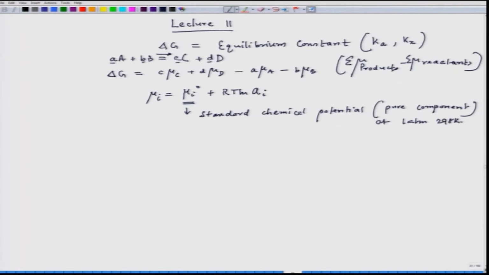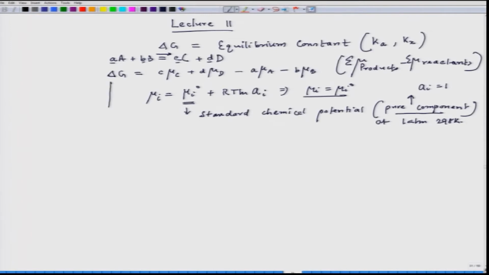This is a standard value, and when we talk about the standard chemical potential, it immediately points that A I is equal to 1, and if we put A I to be 1, then of course mu I equal to mu I 0. So, this is the standard chemical potential of that particular component.